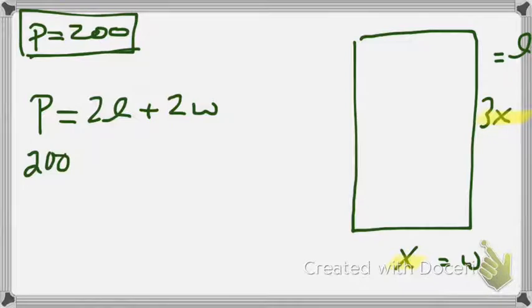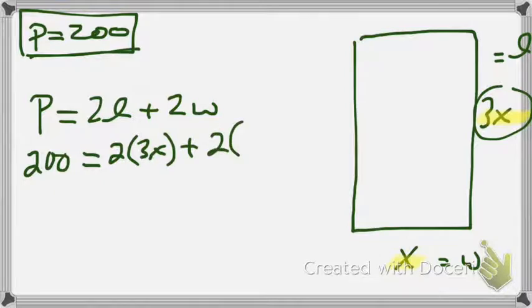We're told that the perimeter is 200, equals 2 times my length is 3x, so 2 times 3x, plus 2 times, what was our width? Our width was x.